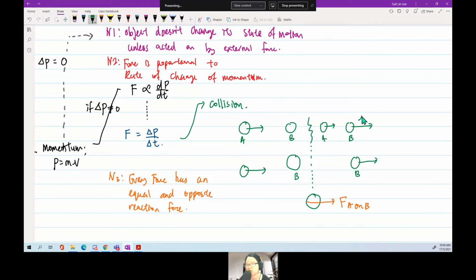Okay, label some values. Let's say this is VB. This one will continue, this is UA. And then reach here is a smaller VA.